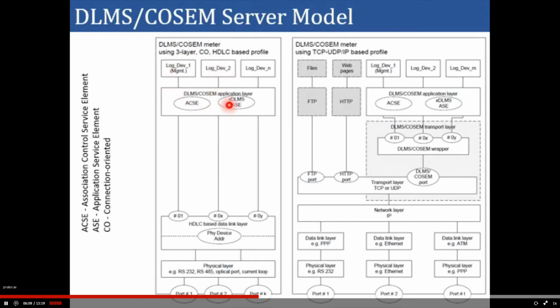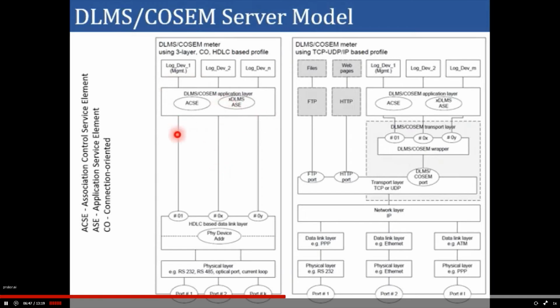So at the application layer, you will have various logical devices which will initiate application processes, which will be processed by the DLMS COSEM based application layer, which contains the association control service, how the application association will happen, and then the application service element, like what information or what request you want to share or what service you want to implement at the application layer level.